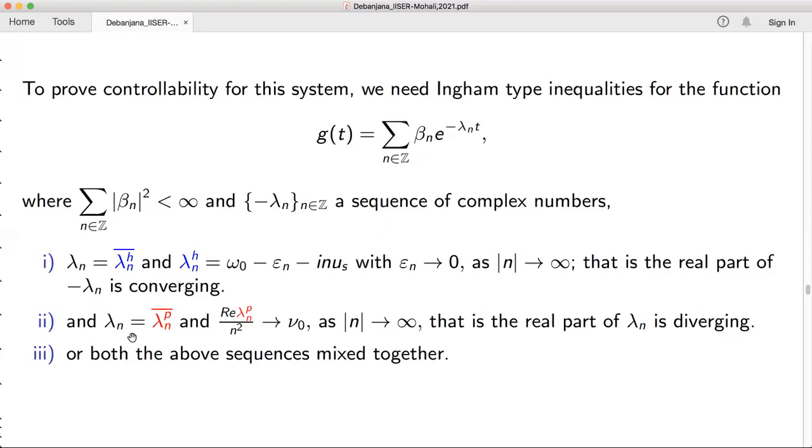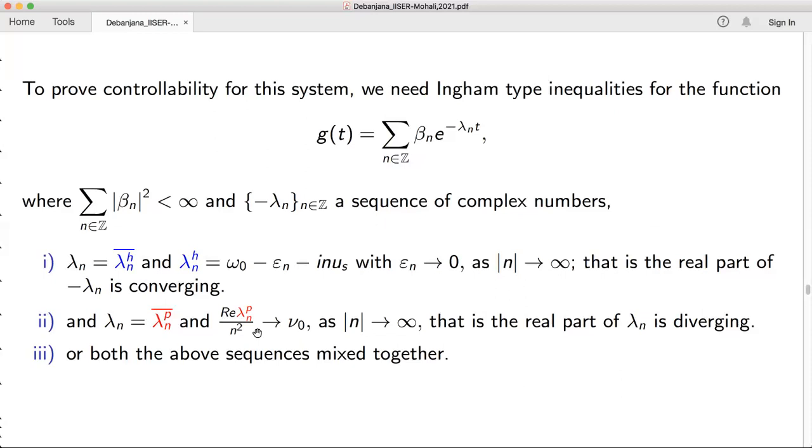But here it could be complex, with the real part dominating and behaving like n squared, and hence the property of the summation of 1 by lambda_n will hold for the real part only, and the imaginary part is going to infinity, but its order is less than that of the real part.